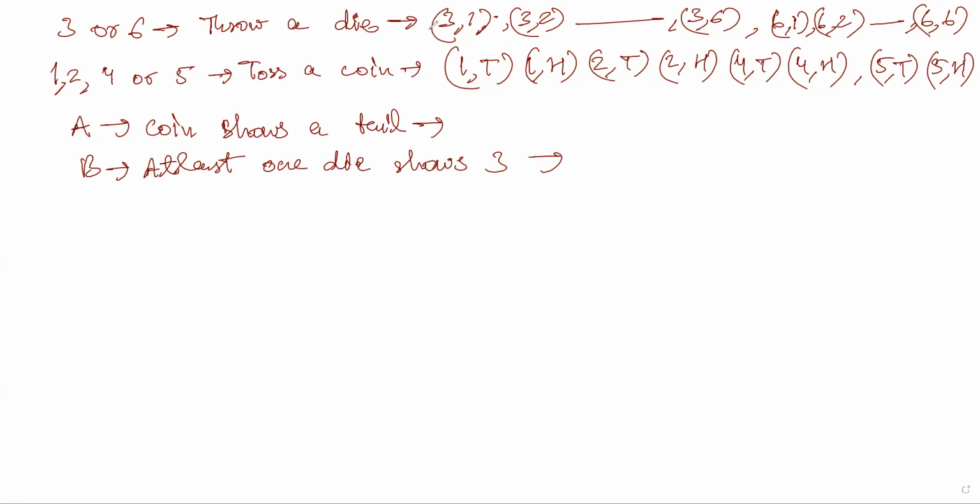This is your whole sample space. If the coin shows a tail, then 1T, 2T, 4T, 5T. Not 3T, it should be 5T, no? Yes, sir. We don't have 3T.